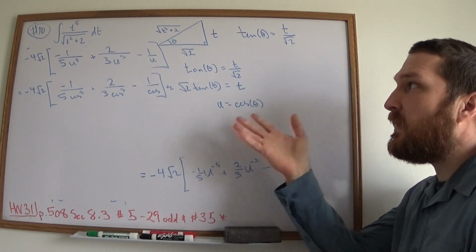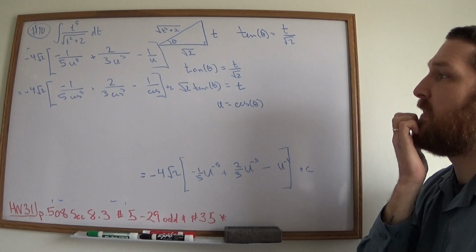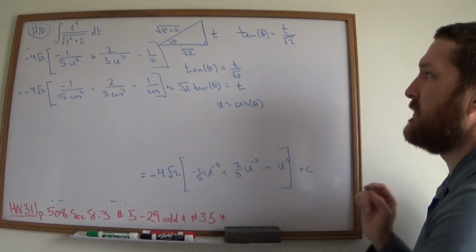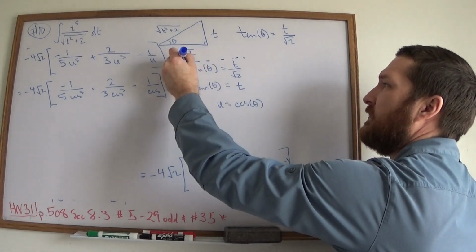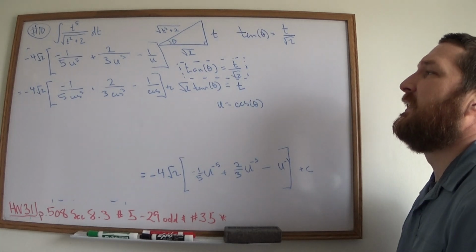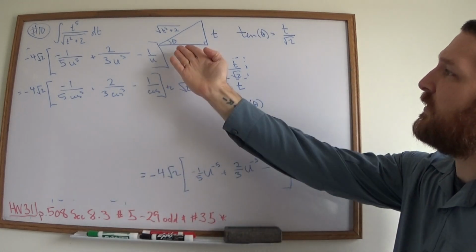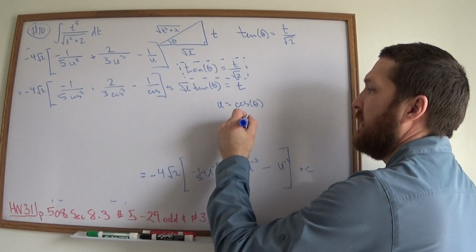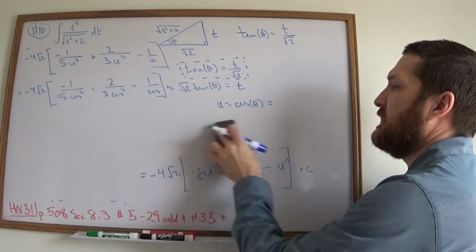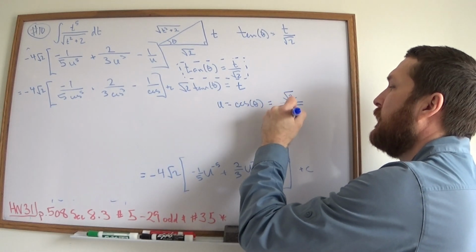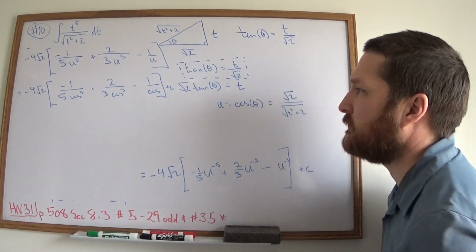Okay, well, there's a nice thing about having this right here: it takes the guesswork out of what cosine is. Because if you did what the book said, you'd have this, and you'd go, okay, cosine now. So I'm just going to look right here and say cosine theta is the same thing as root 2 over root t squared plus 2.